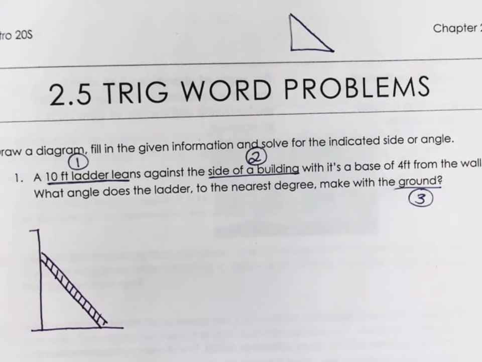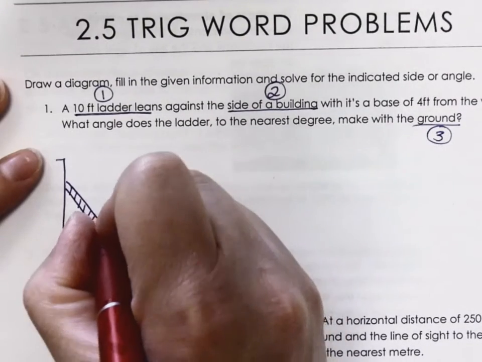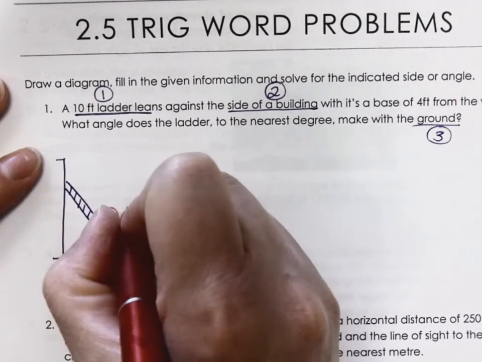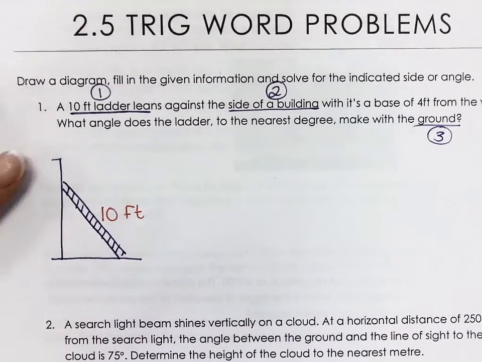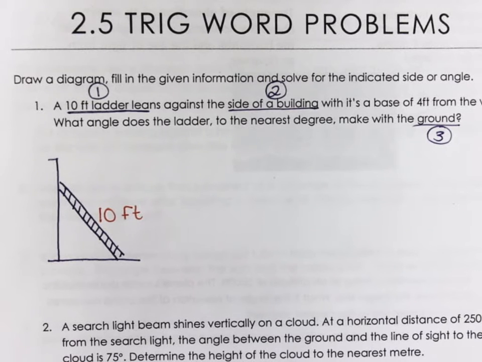So the ladder's how long? The ladder's how long? 10 feet. So my hypotenuse is 10 feet. It leans up against, with its base, so the ladder's base is 4 feet from the wall. So is that my vertical or my horizontal?